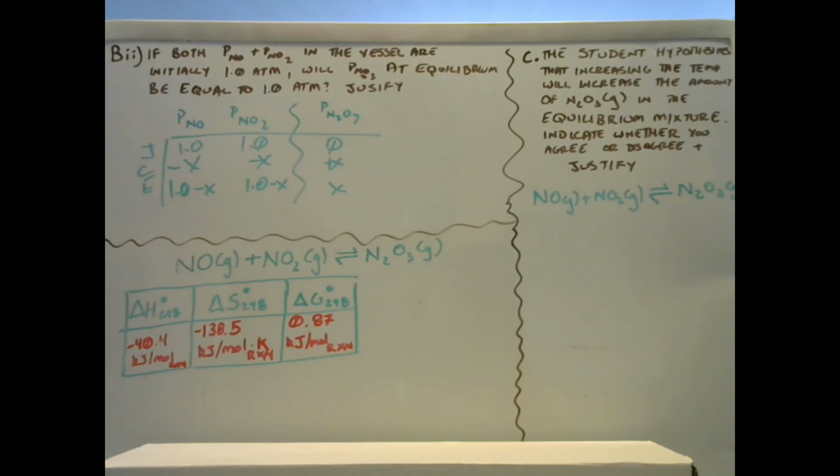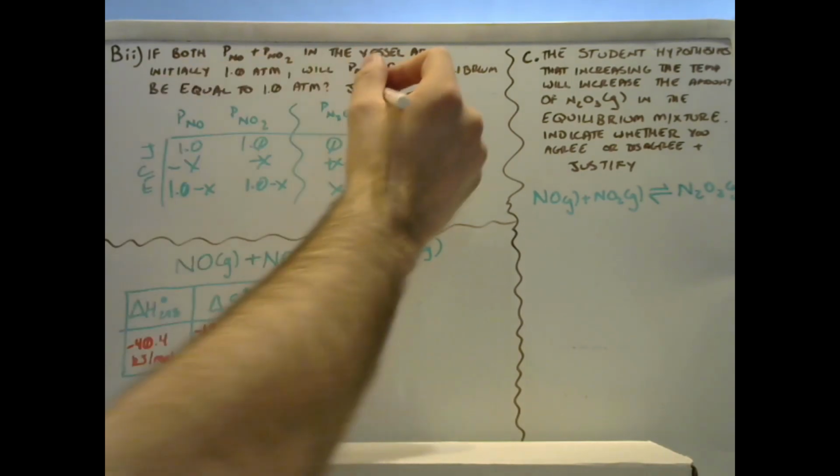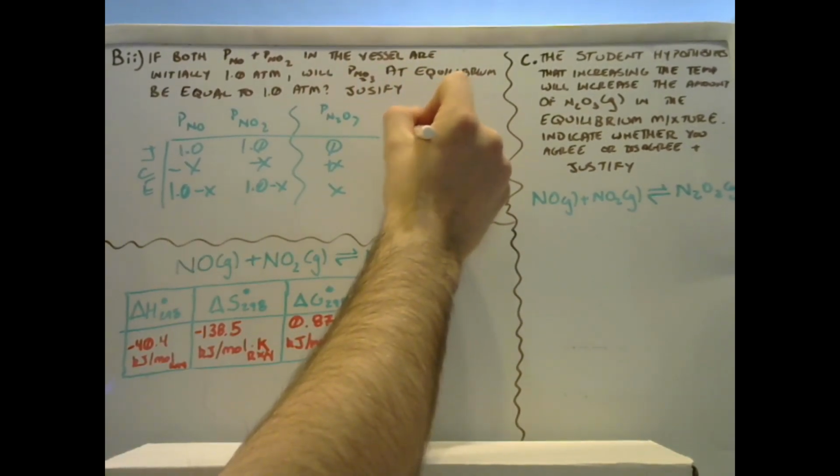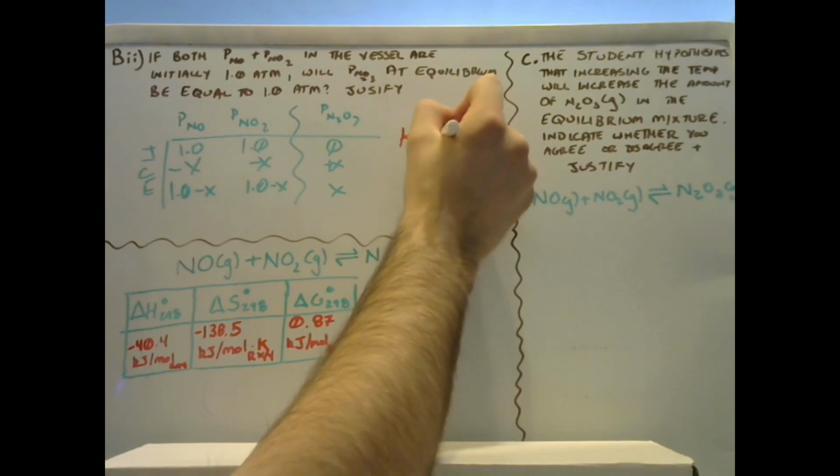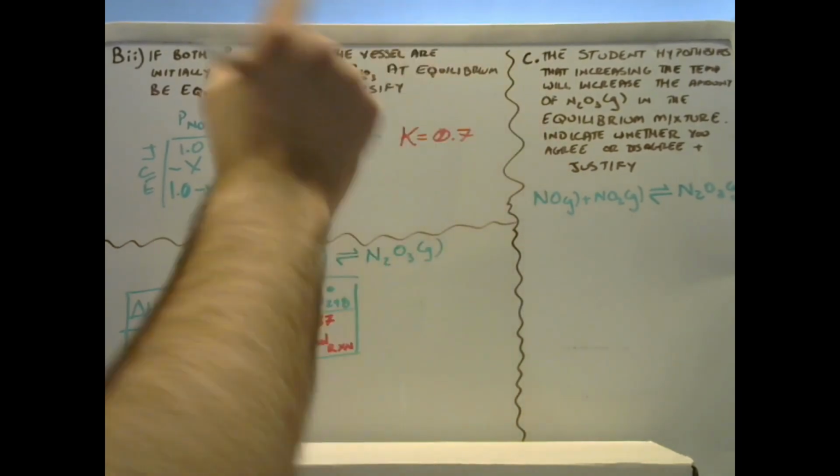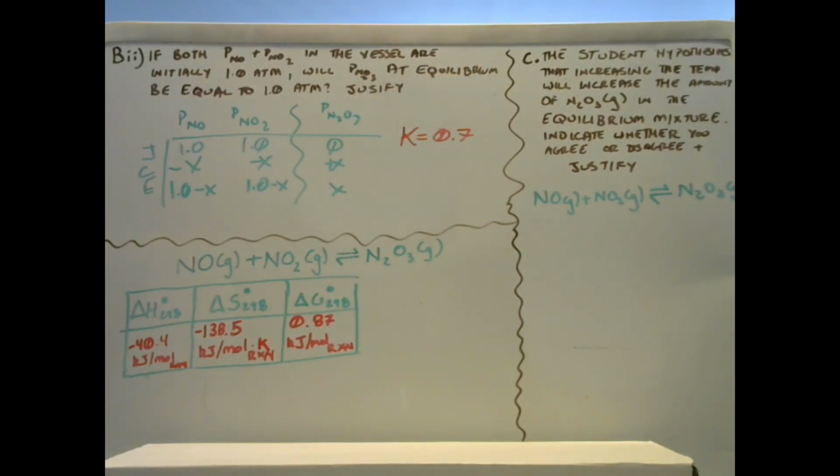If that doesn't make sense to you, you can remember that in the previous problem, K equaled 0.7. K equaling 0.7 means that the reactants are slightly, but still, favored, meaning that the products are not going to be the entirety of the reaction. This reaction does not go to completion.